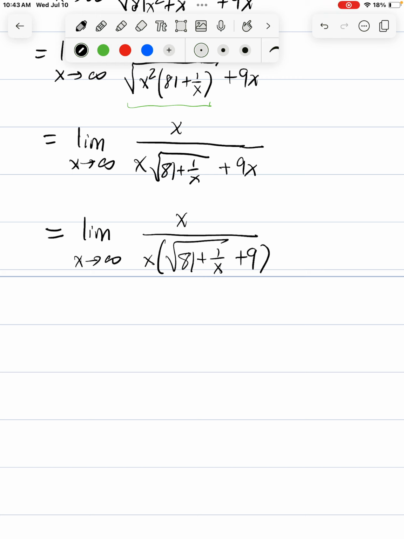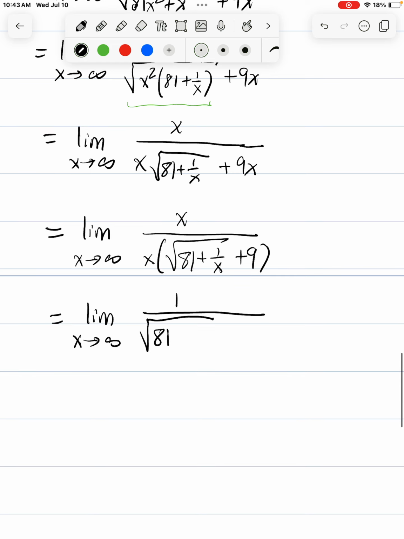I have a factor of x on the top and a factor of x on the bottom, so I can cancel those, right? And what I'm going to be left with is 1 on the top, and on the bottom I have square root of 81 plus 1 over x plus 9. And now we can evaluate the limit.